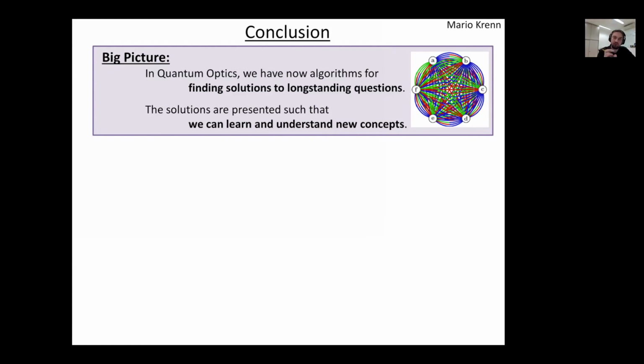And from that, we can learn and understand new concepts, new ideas, and new intuitions from the algorithm. So there are now many applications that we could think about. For instance, I'm very excited about quantum enhanced microscopes, measurements, and so on.